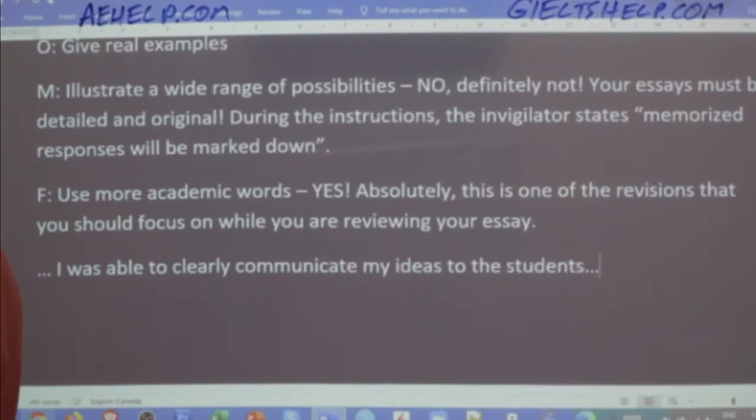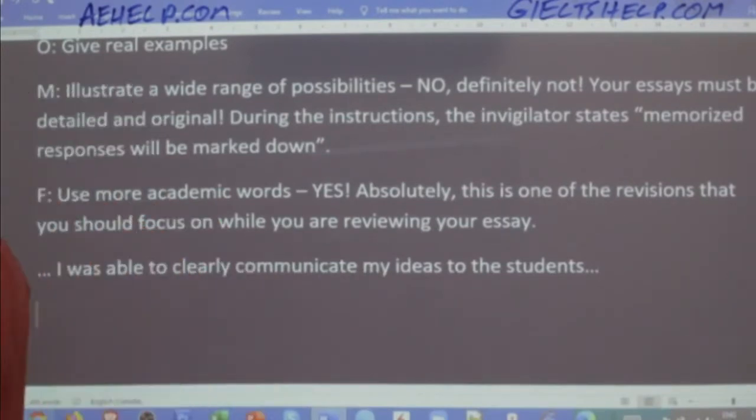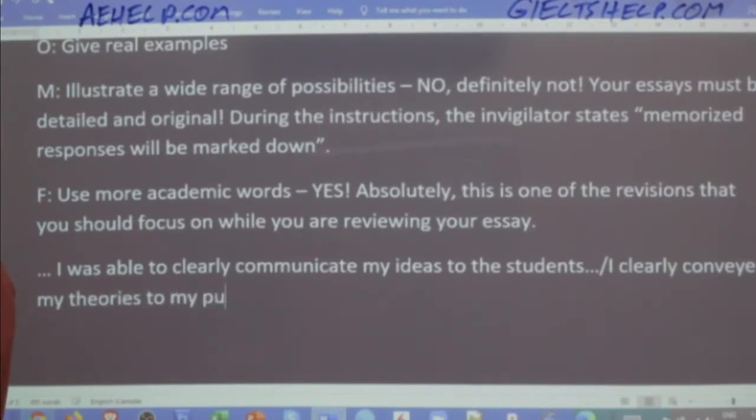Okay, so let's say that I write that, and I'm revising this, and I say, okay, well, maybe I can say, I clearly conveyed my theories to my pupils.